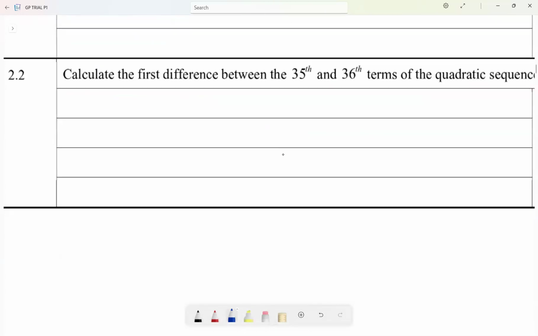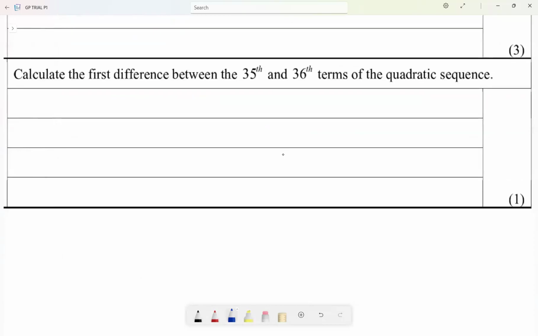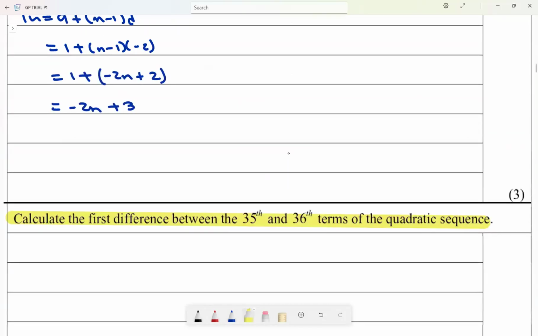And then they say calculate the first difference between the 35th and the 36th term of the quadratic number pattern. So they want you to calculate the difference between term number 35 and term number 36.